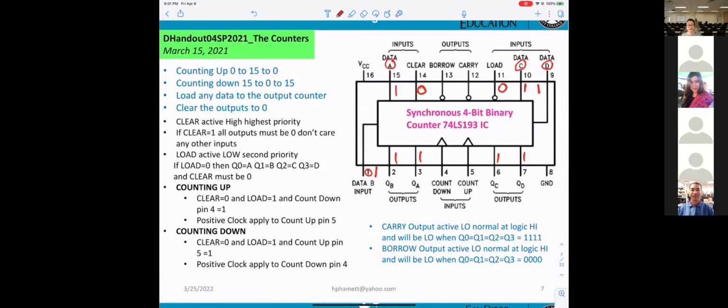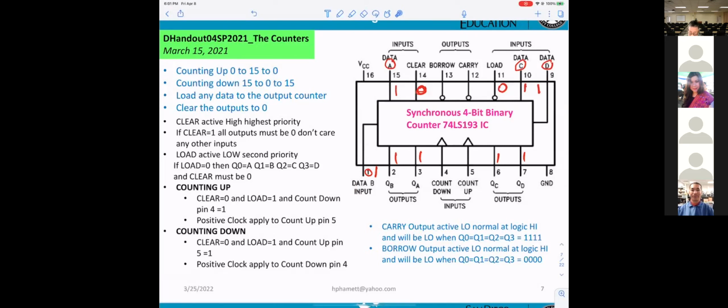So when the loading is not working, what you need to check is that clear must be 0 and load must be 0, and the data inputs A, B, C, D are what you want.